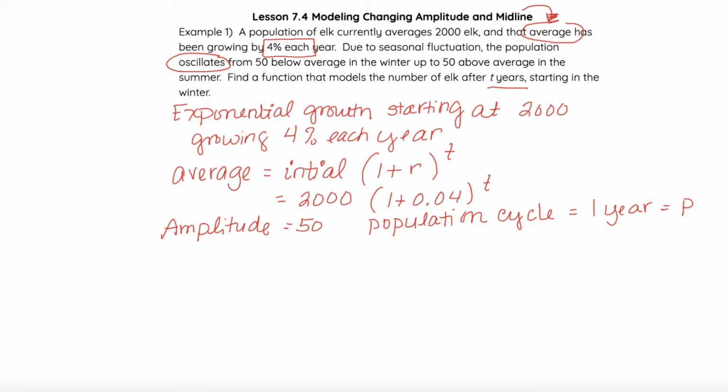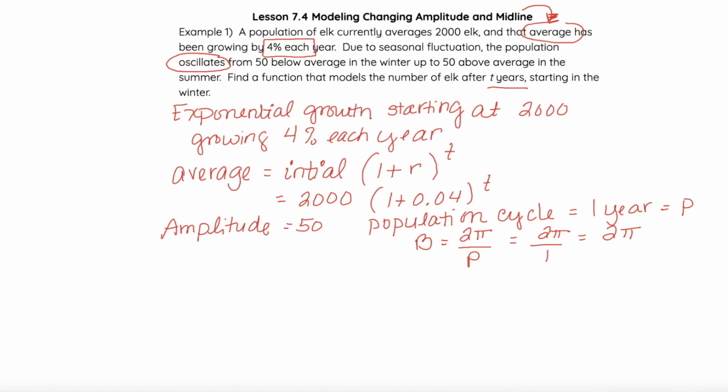We also know that when I'm finding a particular sine or cosine equation, I don't just need the period, I need the b. Remember, b is equal to 2 pi divided by the period, since we're probably going to be using sine or cosine here, and in our case we have 2 pi divided by 1 year, so 2 pi.